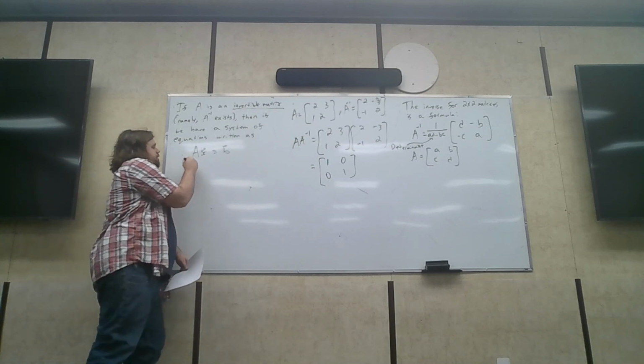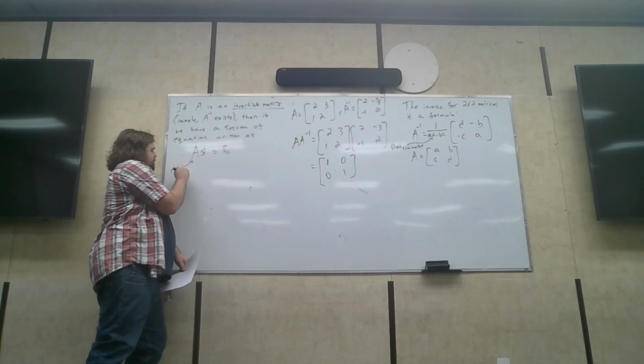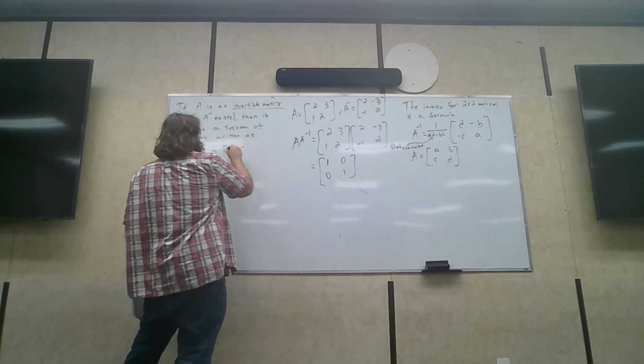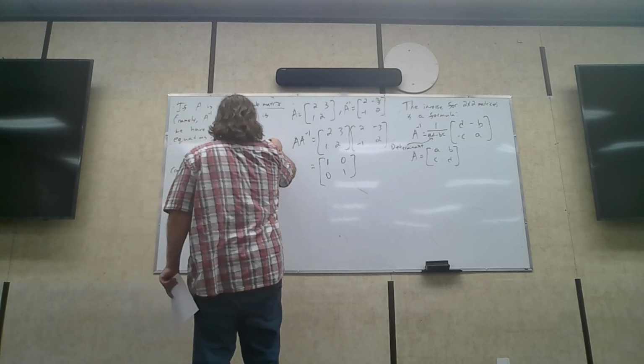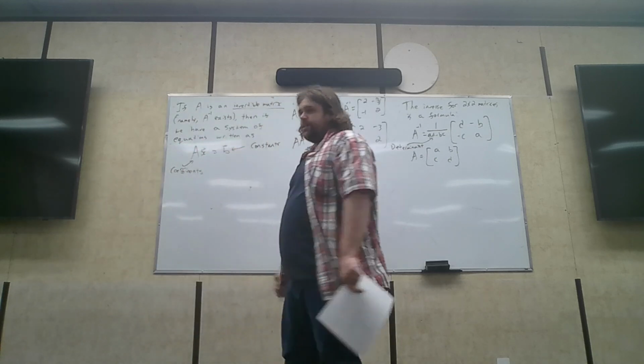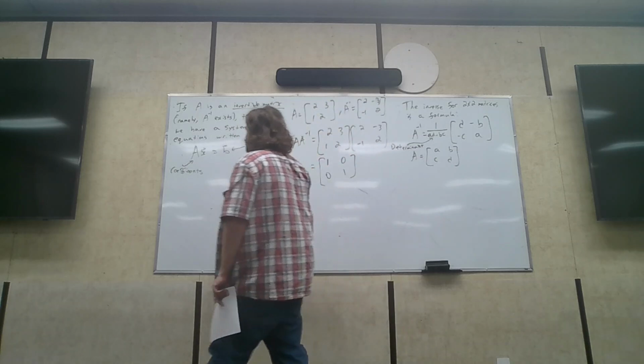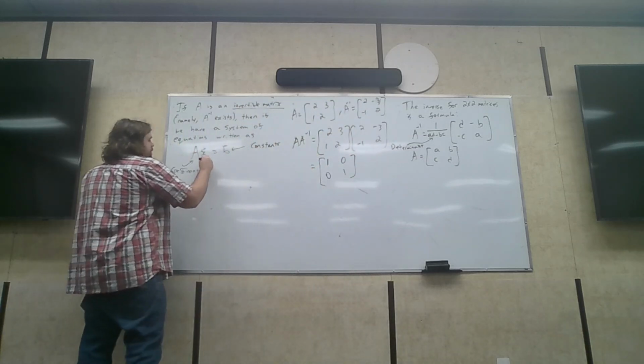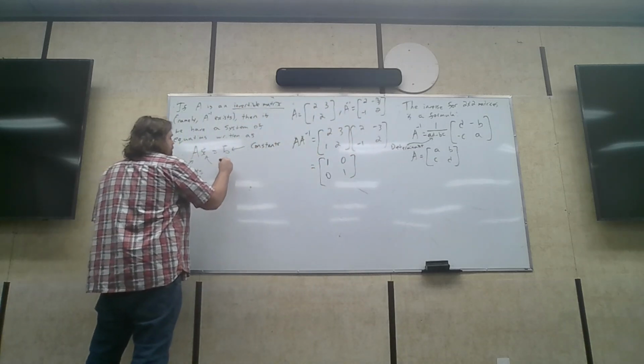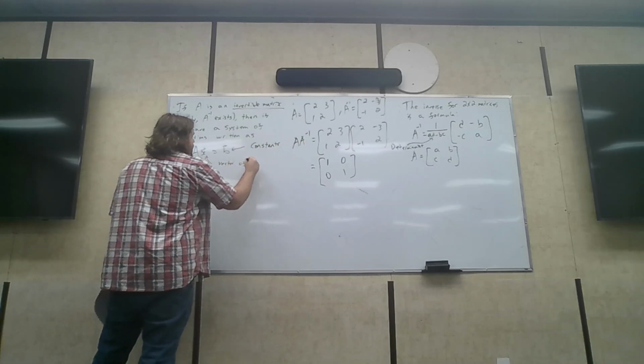Remember, A is the coefficients. B here is the constants on the other side of the equal sign, just like in our augmented matrix. So the only new piece here is this X, which is just a vector of variables.